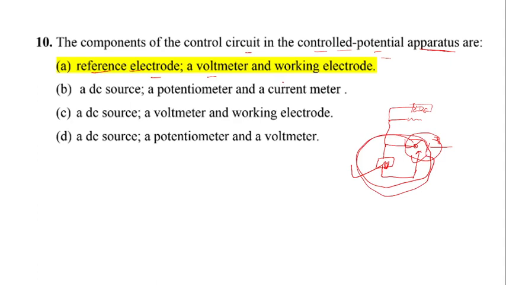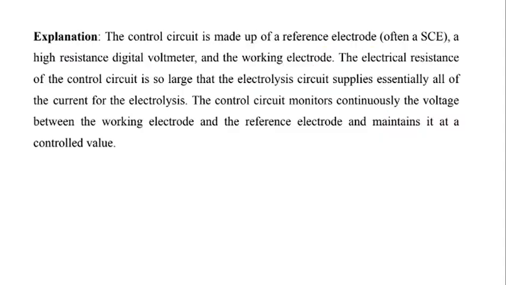So this is the right answer: reference electrode, voltmeter, and working electrode. The control circuit is made of a reference electrode, generally a saturated calomel electrode, and a high resistance voltmeter, which will be able to flow negligible current.